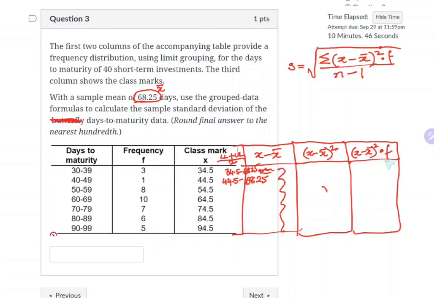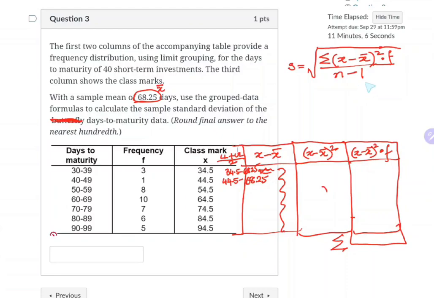Once you're done with it, you find the total, the sigma value. So this last column will need to be summed up, and that's going to give you sigma of (x minus x bar) squared times f.